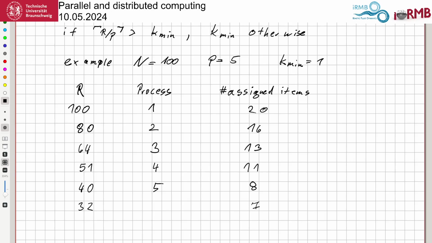So by the way, which process is this? Which process gets 7 assignments? Why would it be 1? Yes, so now you think that 1 comes back first. We don't know whether 1 comes back first because 1 got the biggest chunk. It started earlier and gets the biggest chunk. Yes? So this is the idea.